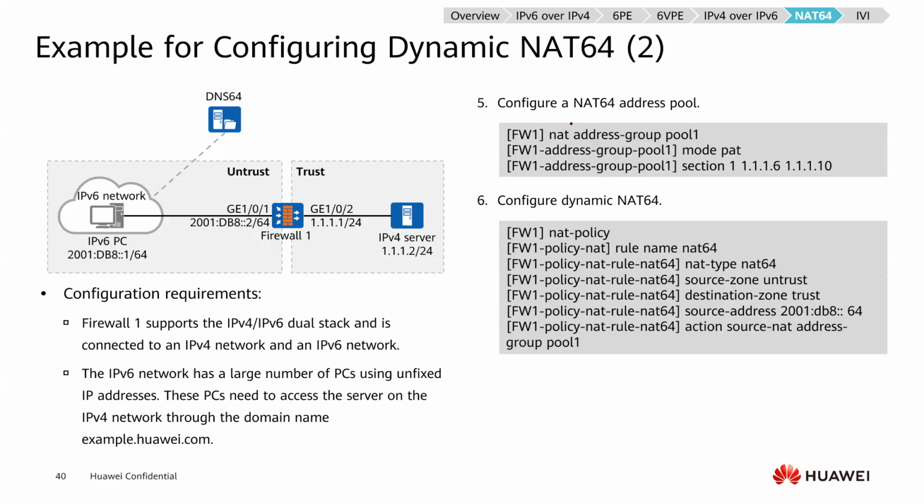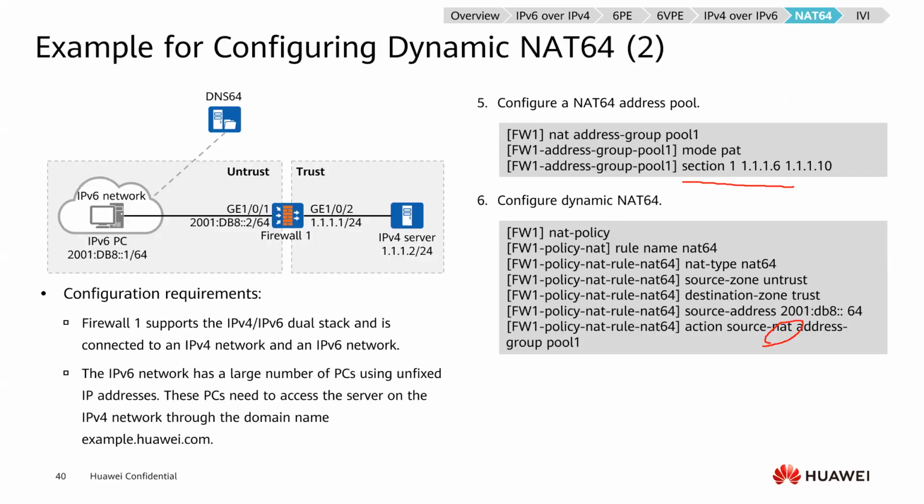And then, because this is the dynamic one, you need to assign the address pool for the firewall to transform the source IPv6 address to the source IPv4 address, and then configure the NAT policy for the NAT64. Change the NAT type, configure the source and destination zone, and configure the source address. And the action is NAT.